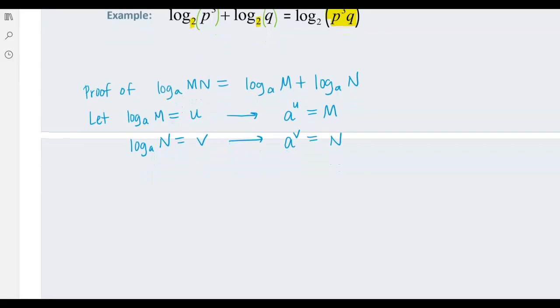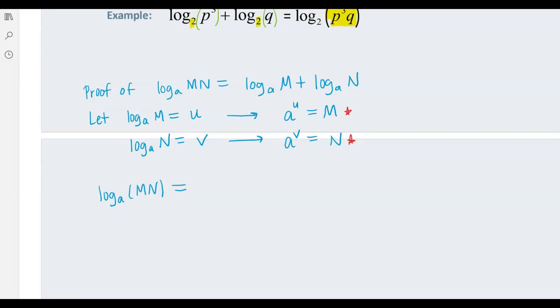Okay. So starting on the left-hand side of what I'm trying to prove, this is the same as using the substitution that I have right here and here.